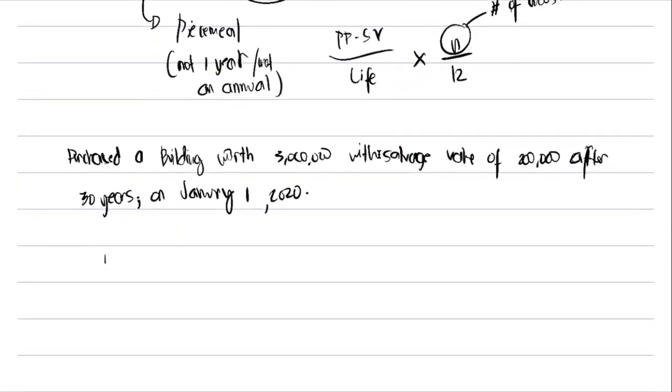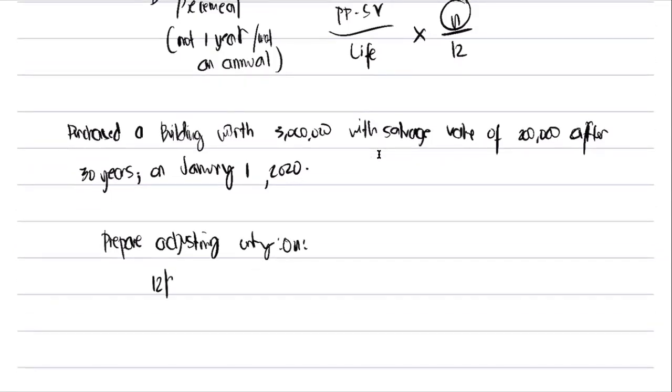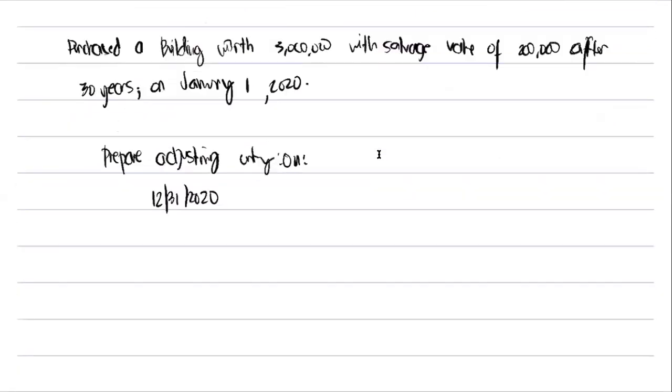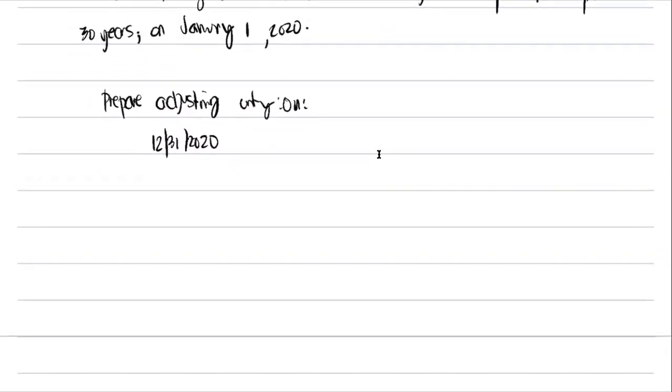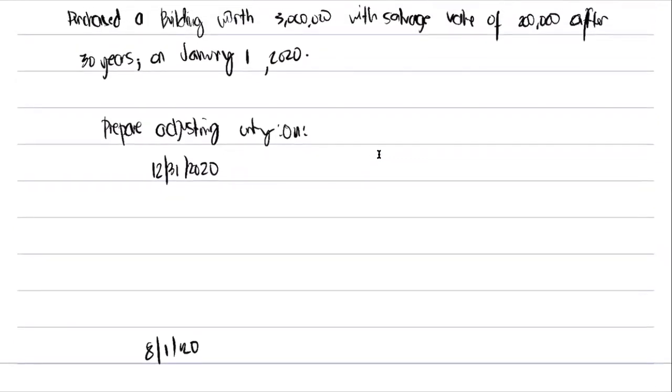Prepare adjusting entry on December 31, 2020. And then let's say August 1, 2020. So purchase a building worth 5 million with salvage value of 200,000 after 30 years on January 1, 2020. So binili niya on January 1, 2020.